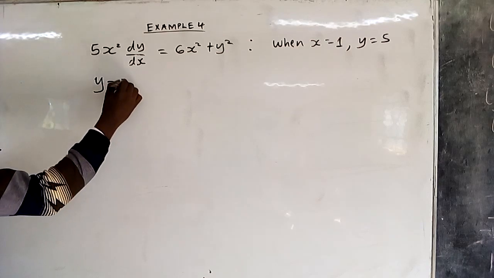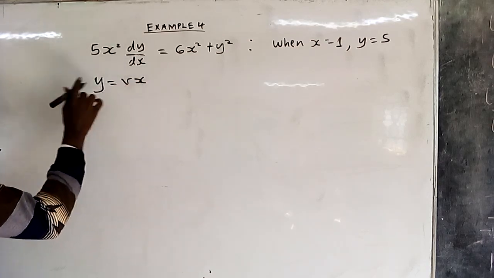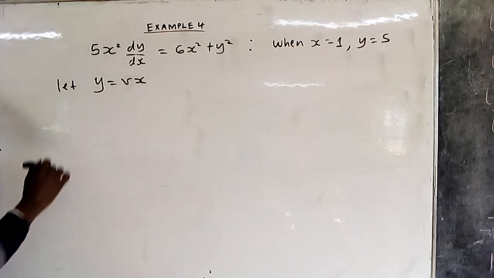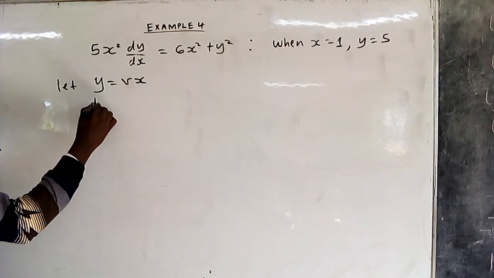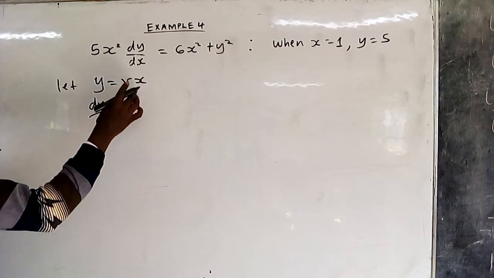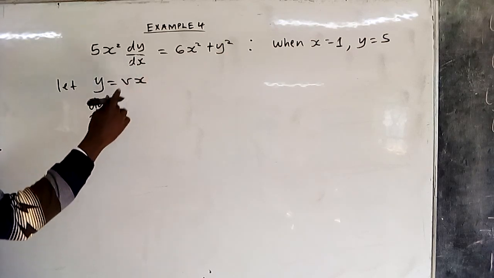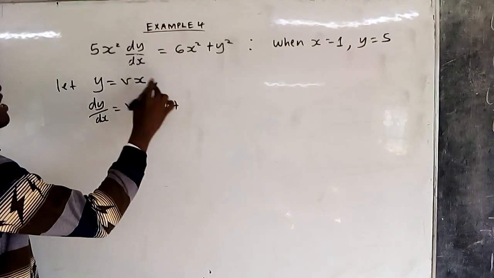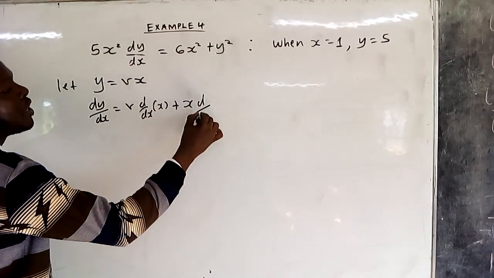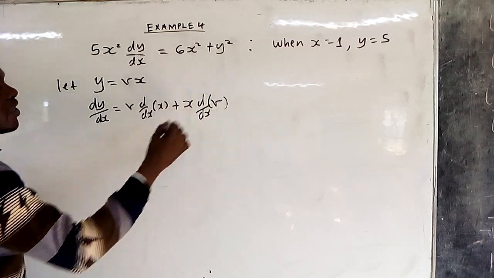So for a first order ODE, if it is homogeneous, we let y be equal to vx. You differentiate both sides with respect to x, you get dy over dx. This is product rule, isn't it? You take v, you differentiate x with respect to x, then plus you now take x, you differentiate v with respect to x.